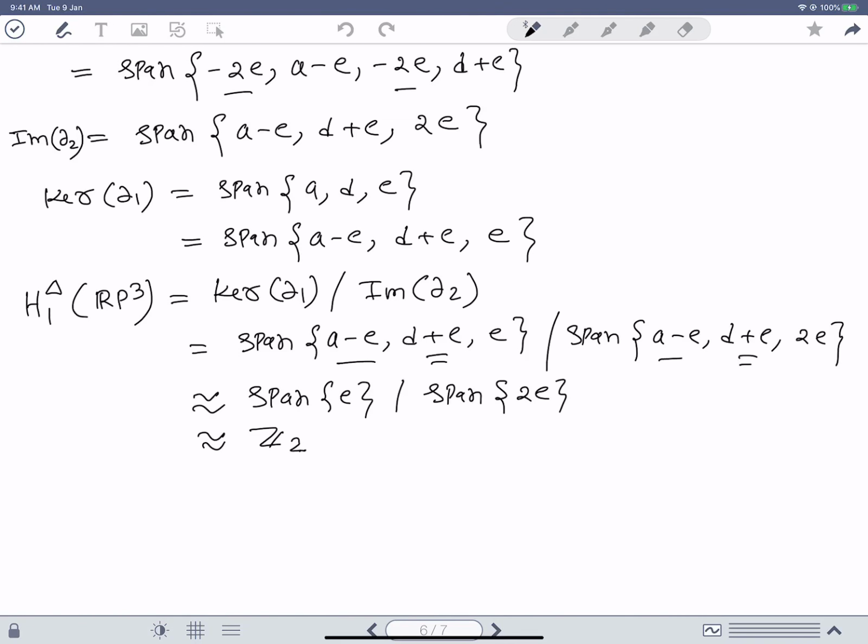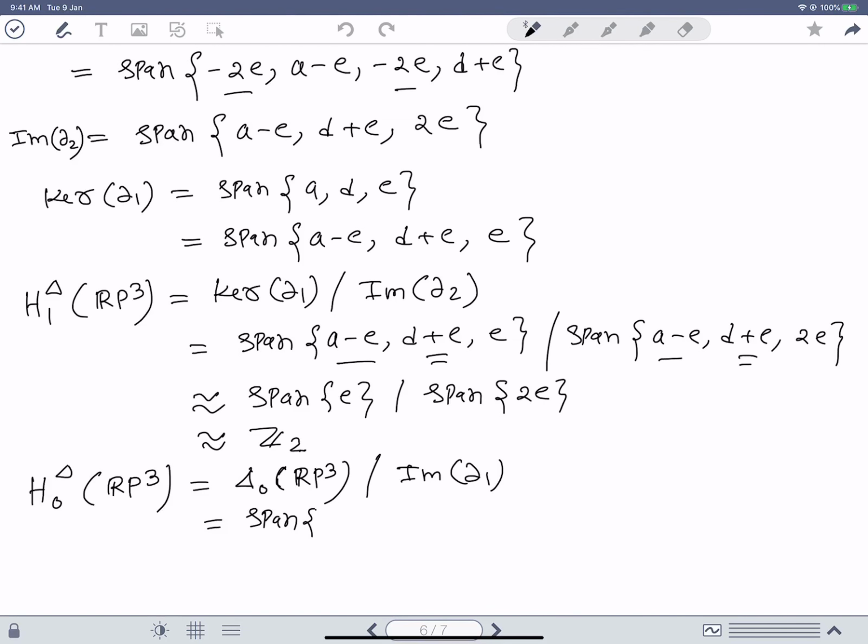Okay, now we will compute the zeroth homology of RP3. Now what is my H0 delta RP3? Now we know that is delta 0 of RP3 quotient with image of del 1. Now what is my delta 0 RP3? So this is span by V1, V2, right? And what is my image of del 1?